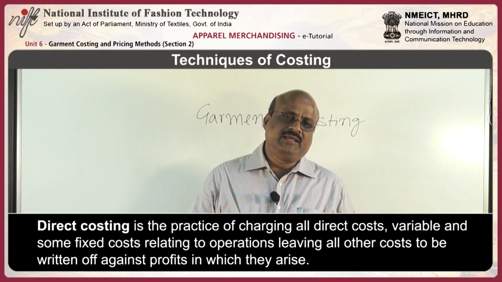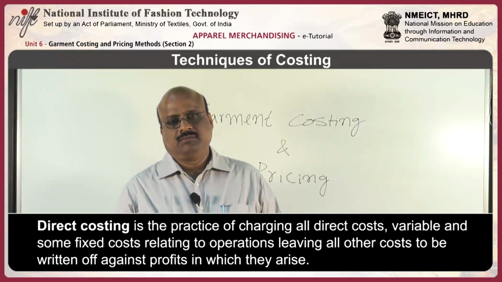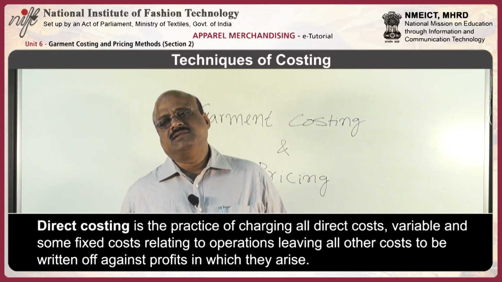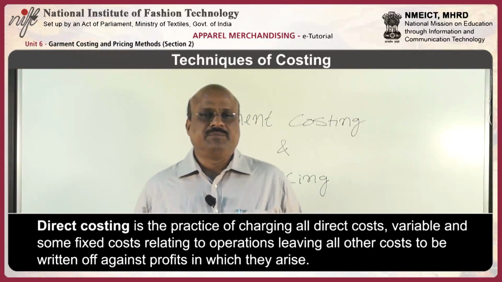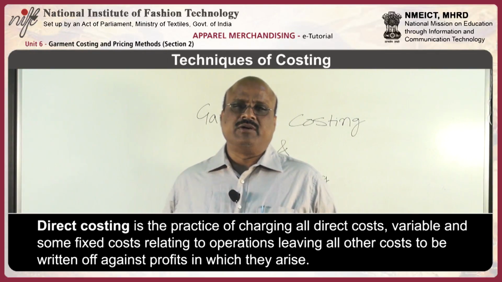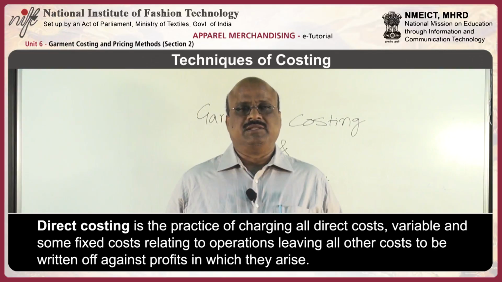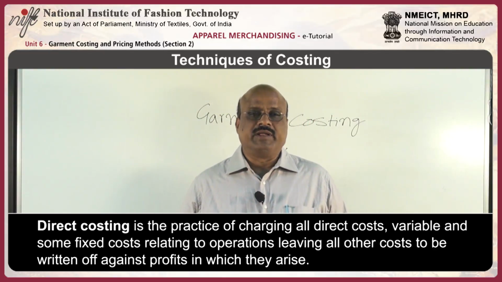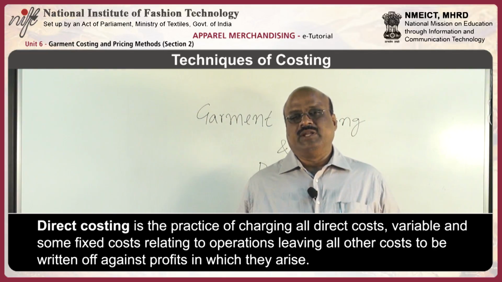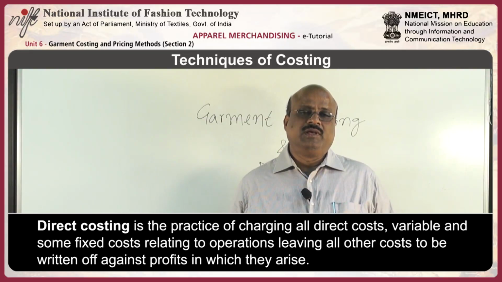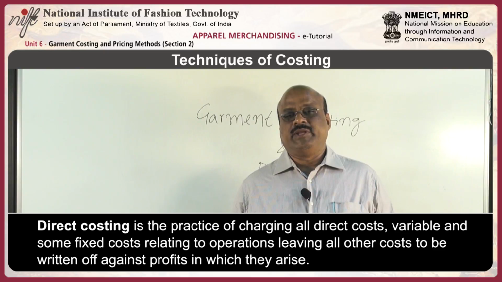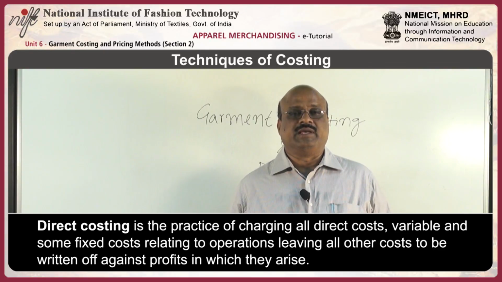Another technique is direct costing. Direct costing is the practice of charging all direct costs, variable and some fixed costs relating to the operation, leaving all other costs to be written off against profits in the period in which they arise.